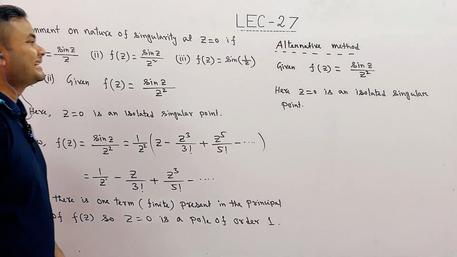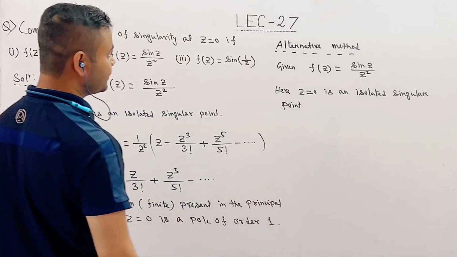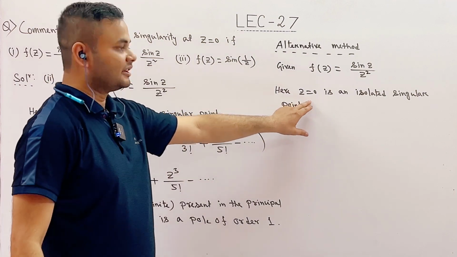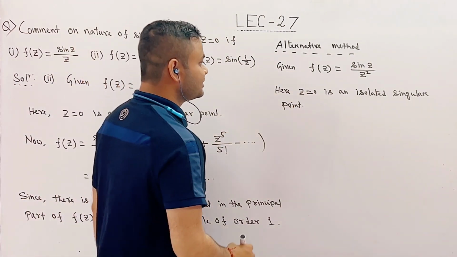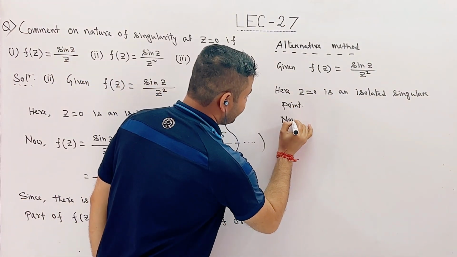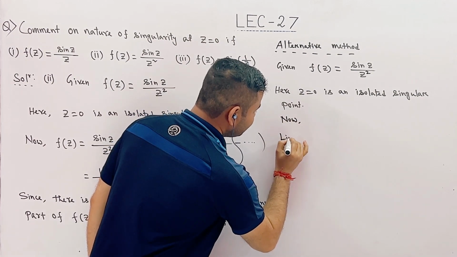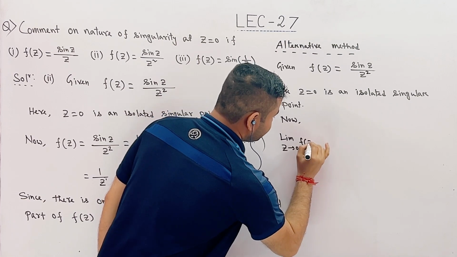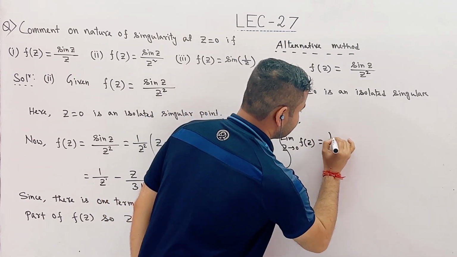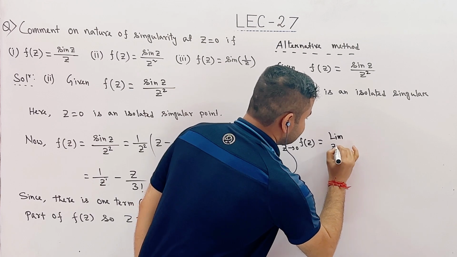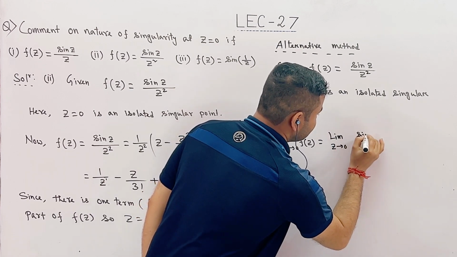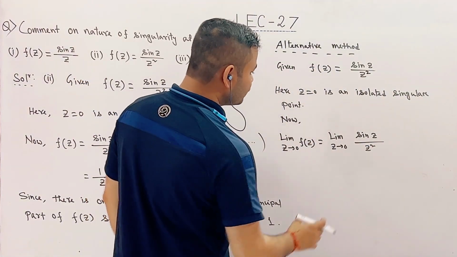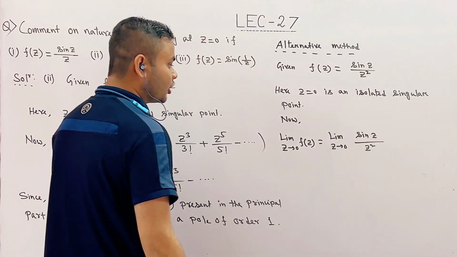Now let us apply the second method. Given f of z equal to sin z divided by z square, so z equal to 0 is an isolated singular point. Now limit z tends to 0, f of z is equal to limit z tends to 0 sin z divided by z square. Now apply the product law for limits.